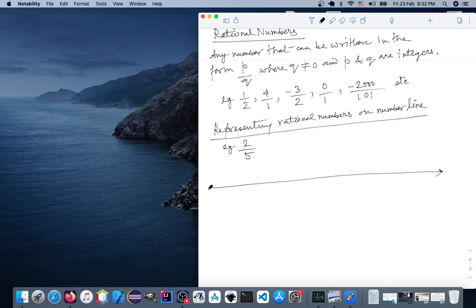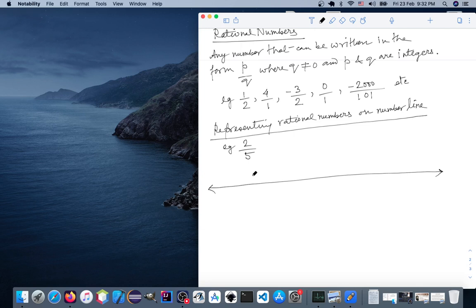Now, 2 by 5, any number in the form P by Q, and if that is not eventually an integer, like if P by Q is 4 by 1, if Q is 1, then it eventually becomes an integer. So I'm not talking about those rational numbers. We are talking about rational numbers where Q is not 1. So let's say 2 by 5.